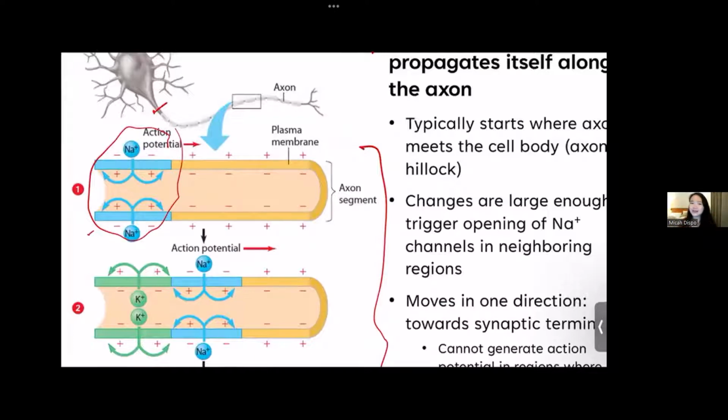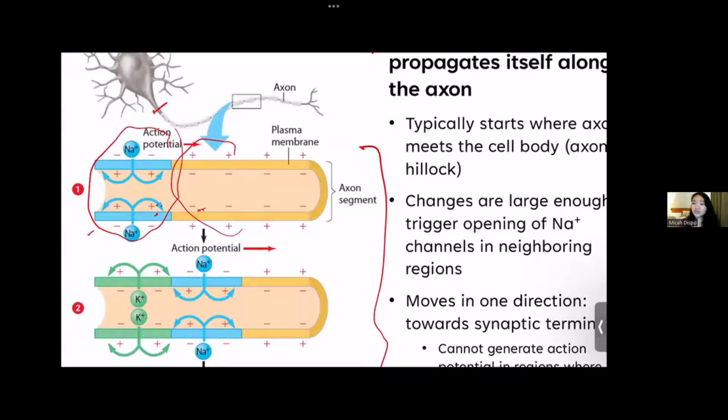So recall lang kung bakit yan. And then in this region, the spread of the electrical changes caused by this influx of sodium ions is actually enough for the neighboring region to reach threshold in itself.